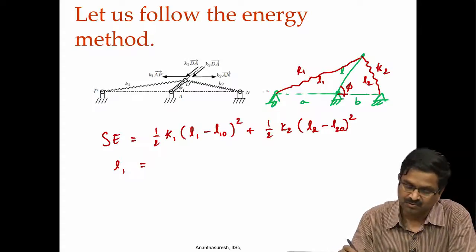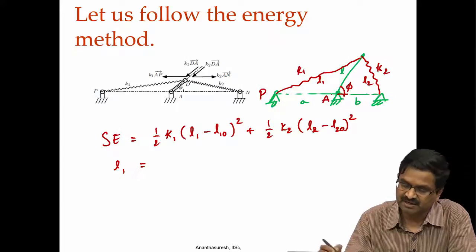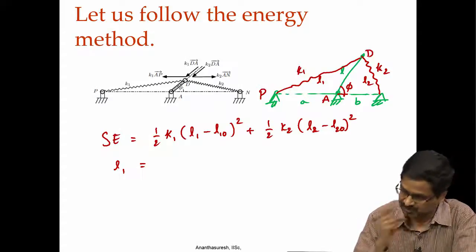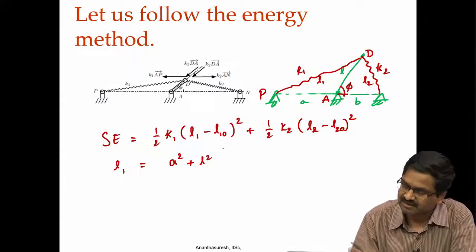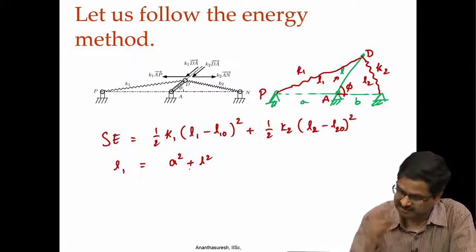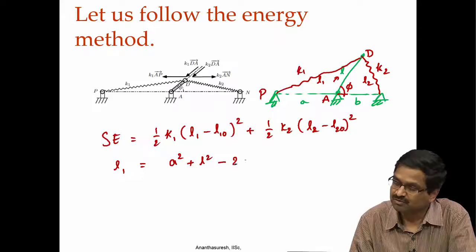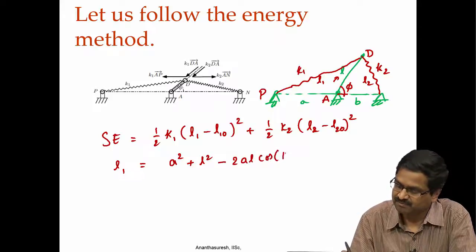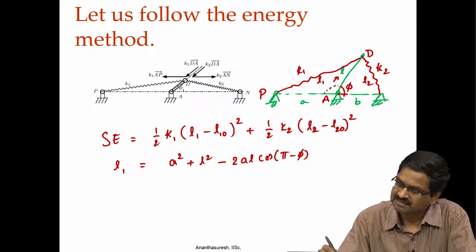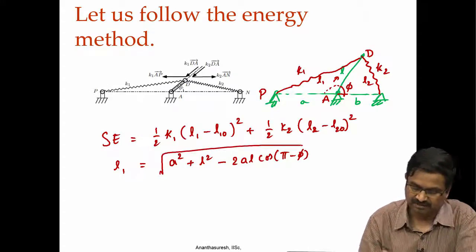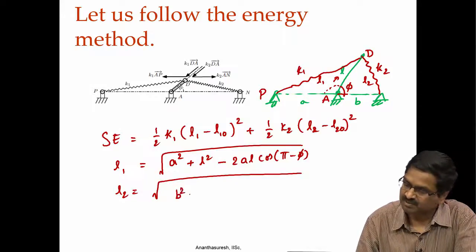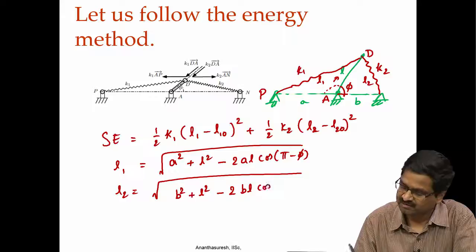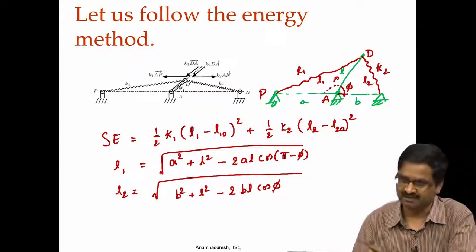If I use the cosine rule for this triangle PAD, then L1 will be the square root of A square plus L square minus 2AL cosine (pi minus phi), that is this angle, okay. And L2 will be the square root of B square plus L square minus 2BL cosine phi.